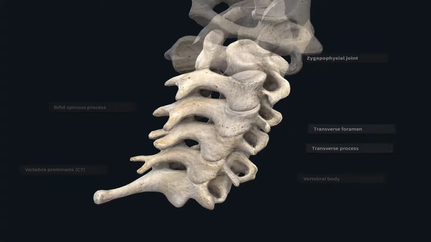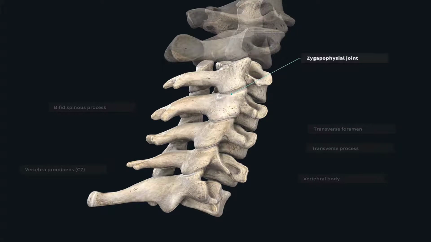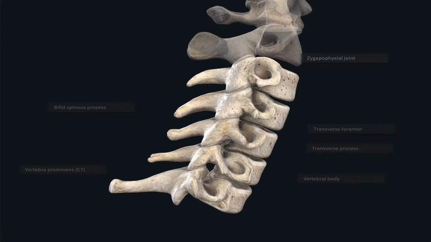It is worth spending some time looking at the zygapophyseal joints. These are the joints between the superior articular process and the inferior articular process of vertebrae, and the angle of these joints explains the wide range of movements permitted at the neck, namely flexion, extension, and lateral flexion.